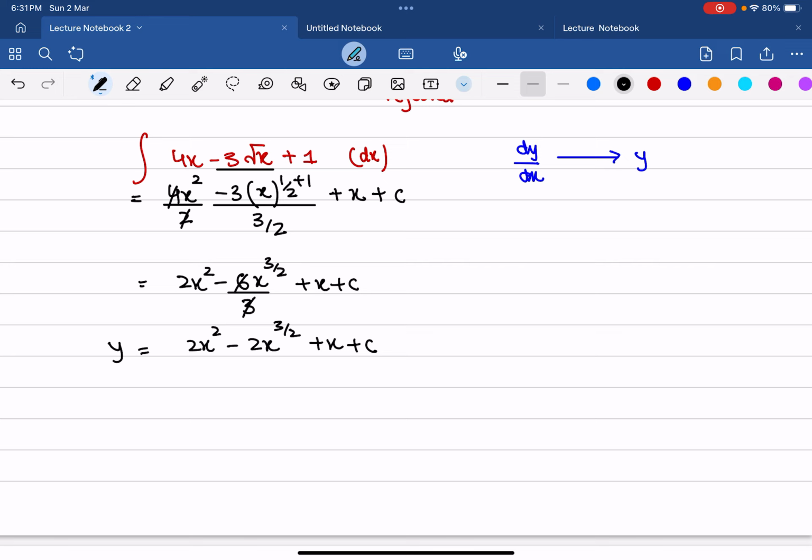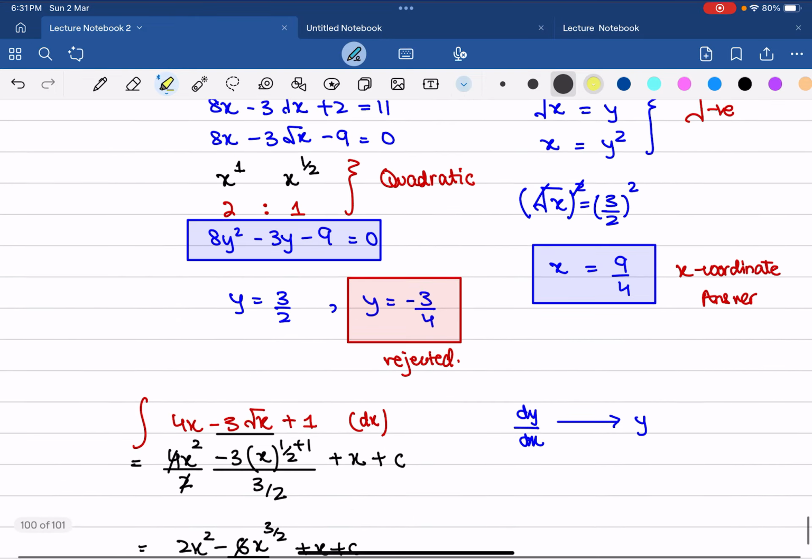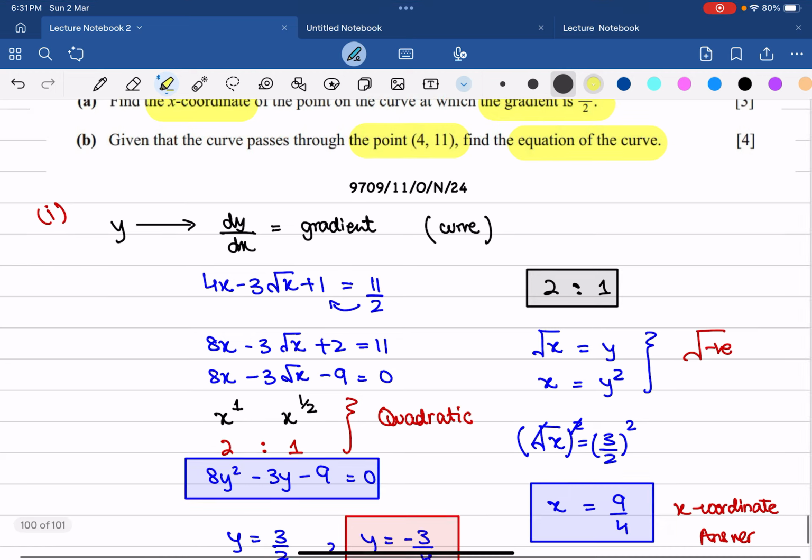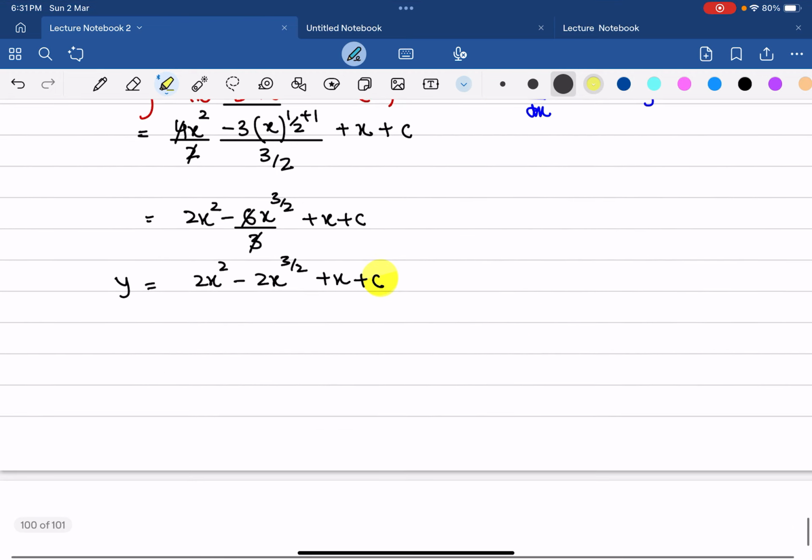Now you have a problem. What is the problem? You don't know the value of c. But the question has given you certain coordinates that lie on your curve, that is (4, 11). These coordinates are going to help you find the value of c. So you put (4, 11) in the equation.